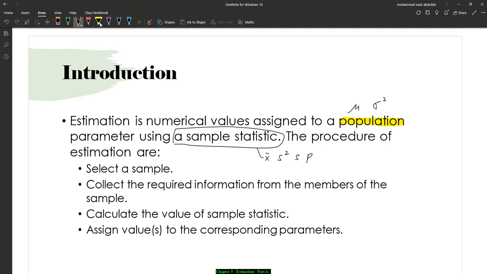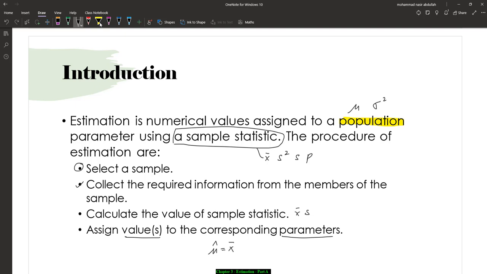This is the procedure of estimating. First, we select a sample and collect the required information from the members of the sample. Then calculate the value of the sample statistics such as X bar, S or S squared, and P. Then we assign the values of the sample statistic to the corresponding parameter. Let's say mu hat should be equal to X bar.